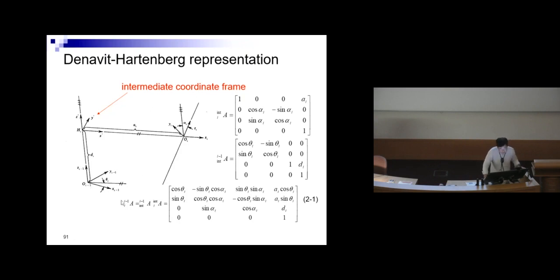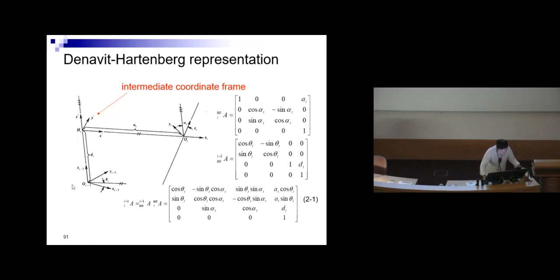So you want to determine the transformation matrix ^{i-1}A_i. Sometimes instead of writing ^{i-1}A_i, you may come across people writing ^{i-1}T_i. So they mean the same thing. You have to look at the context.